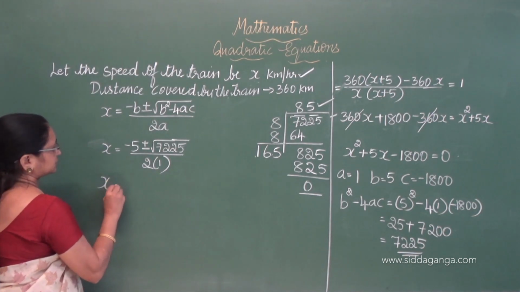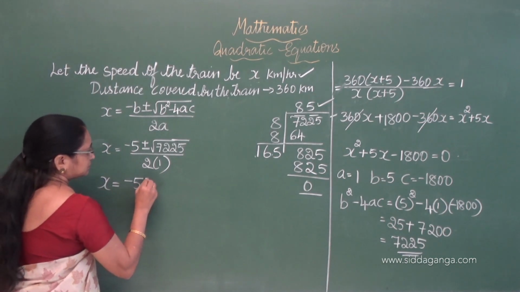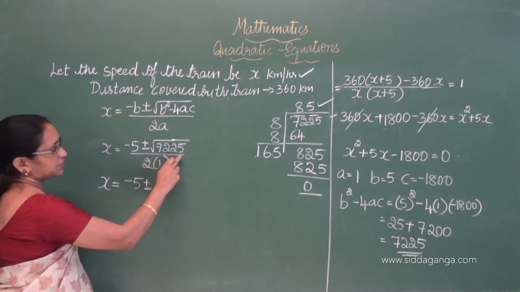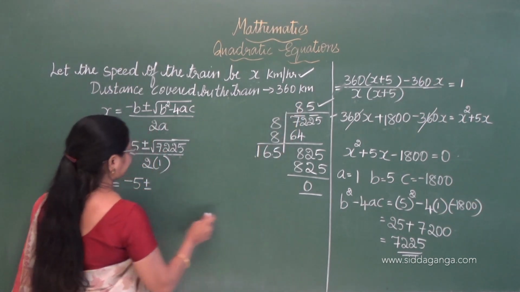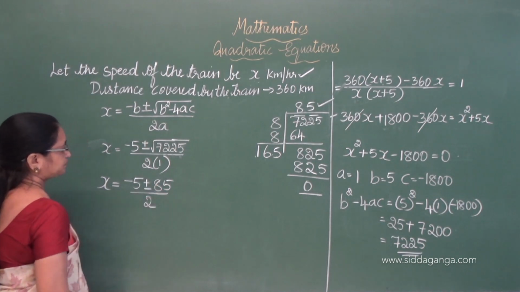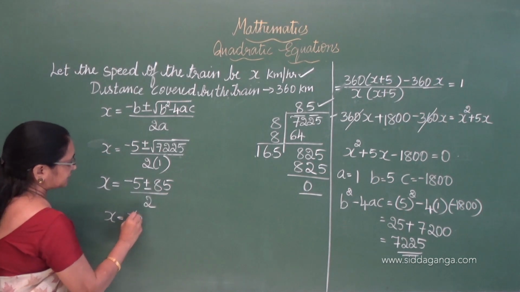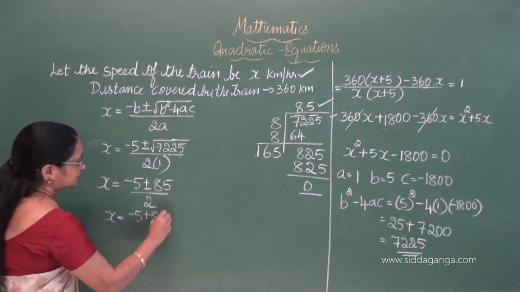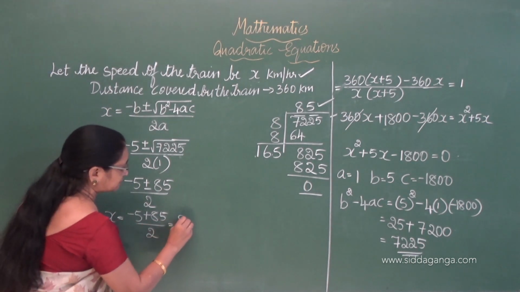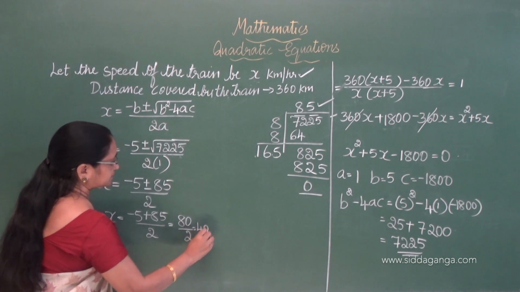So x is equal to minus 5 plus or minus, the square root of 7225 is 85. I am writing 85 here, divided by 2. Now x is equal to minus 5 plus 85 divided by 2, which is 80 by 2, equal to 40.